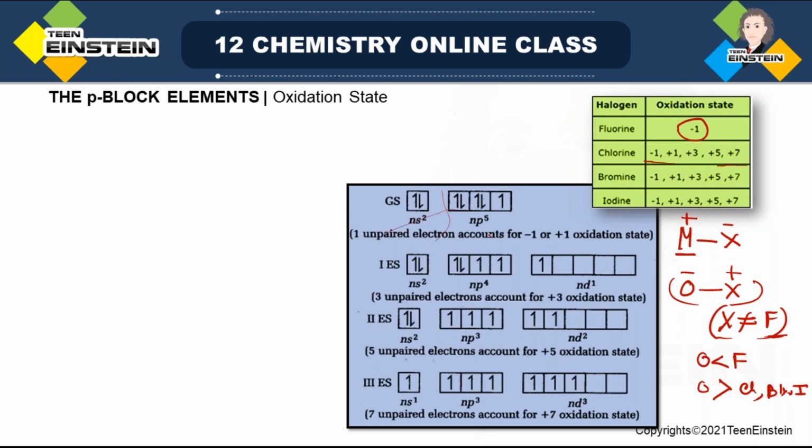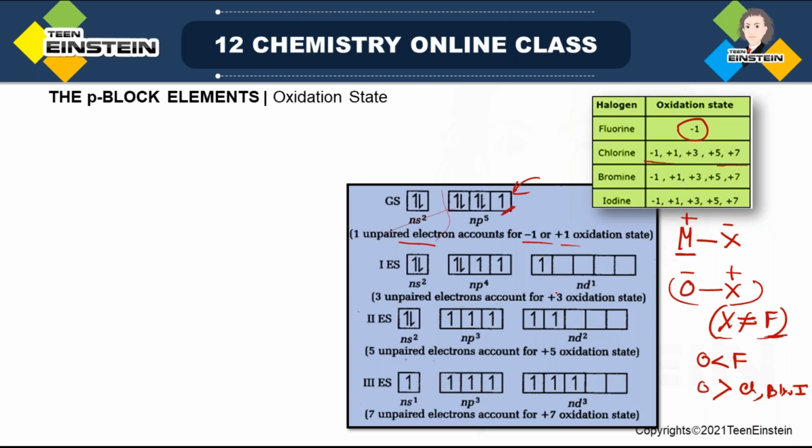So when it is -1 oxidation state or +1 oxidation state, we need 1 unpaired electron. So 1 unpaired electron accounts for these two oxidation states. If you are removing this electron completely, it will achieve +1 oxidation state, and if one more electron is coming here, that is a gain of electron, in that case it will be -1 oxidation state.